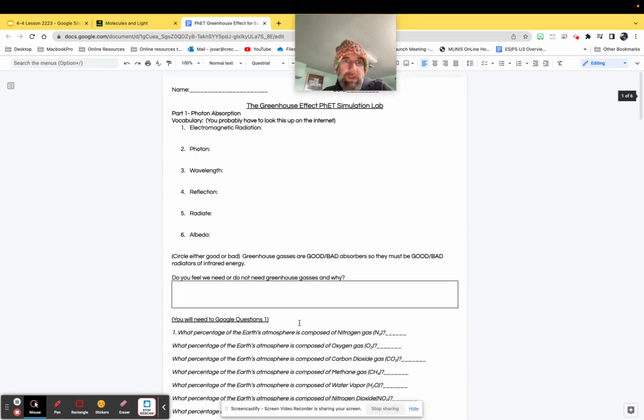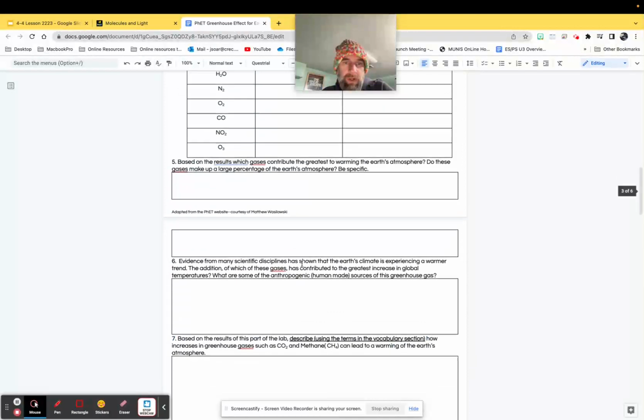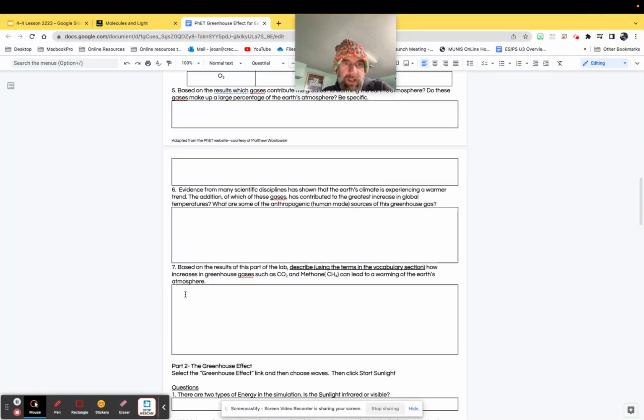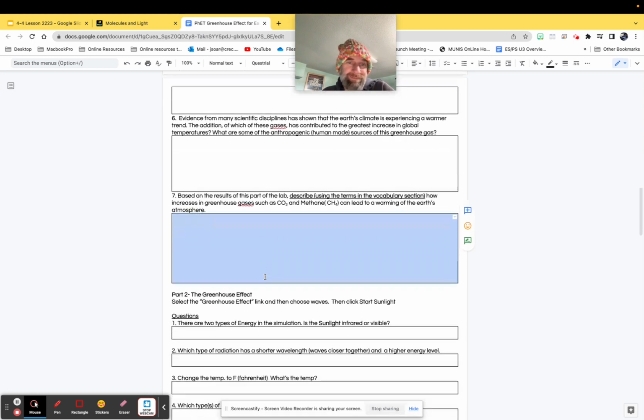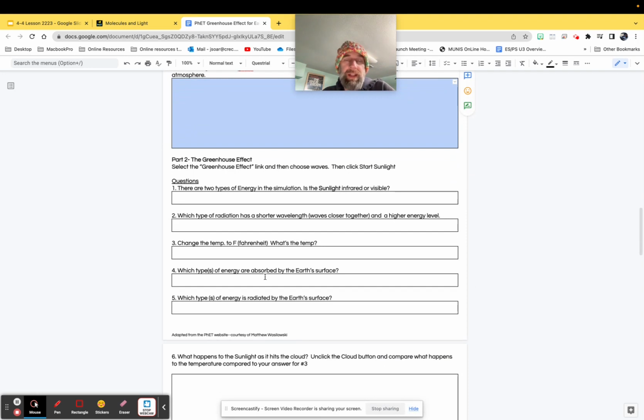Use all the vocab that you can right here, at least as much of it as you can. And then go into here and describe how increases in the greenhouse gases such as carbon dioxide and methane can lead to a warming of the Earth's atmosphere. All right. And that's part 1 for you. All right. Good luck.